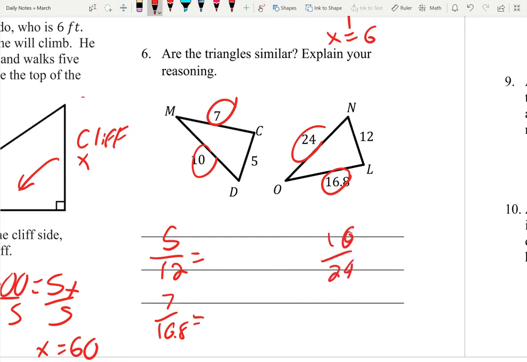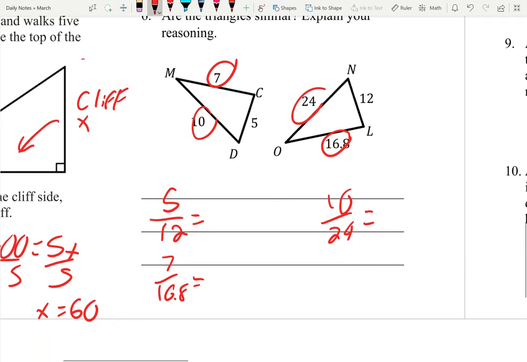Now all we're doing is comparing these fractions to see if they're balanced. 5 divided by 12 is 0.416 repeating. 7 divided by 16.8 is also 0.416 repeating.